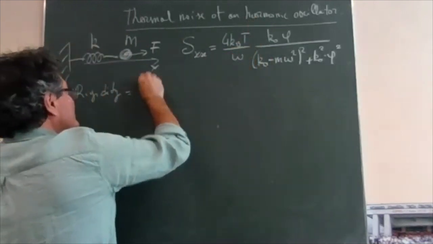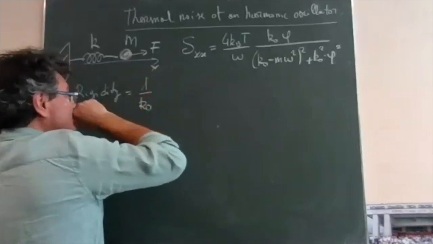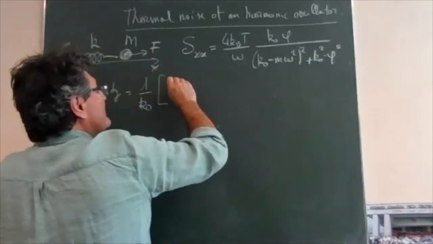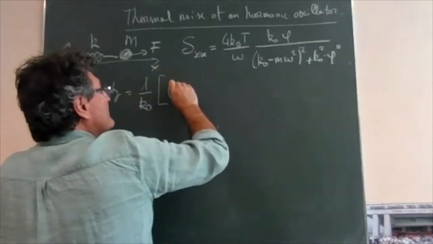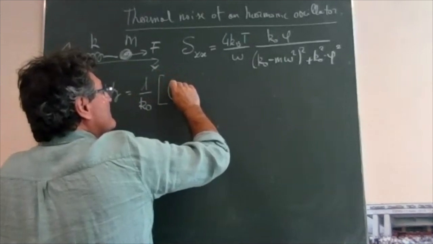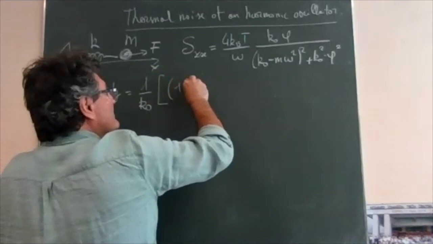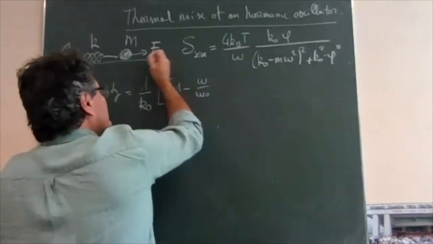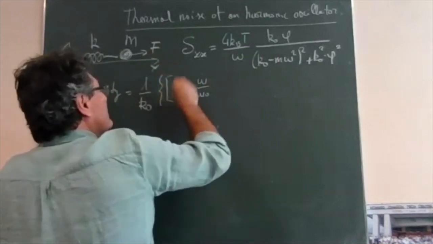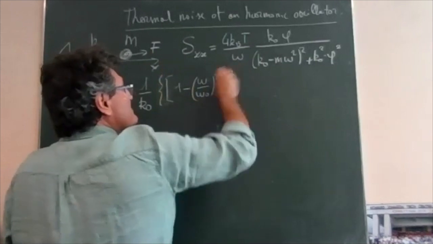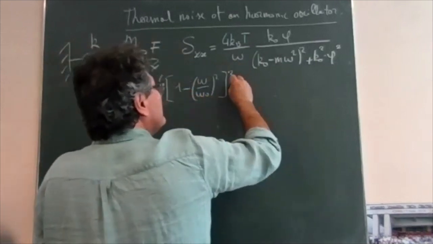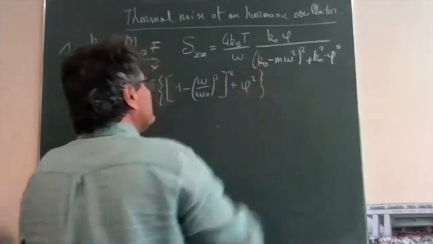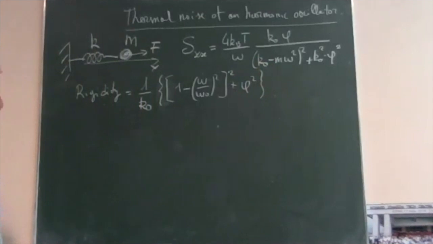So the rigidity is 1 over k naught times (1 minus (omega divided by omega 0) squared) squared plus phi squared. Okay, this is the rigidity of the system.